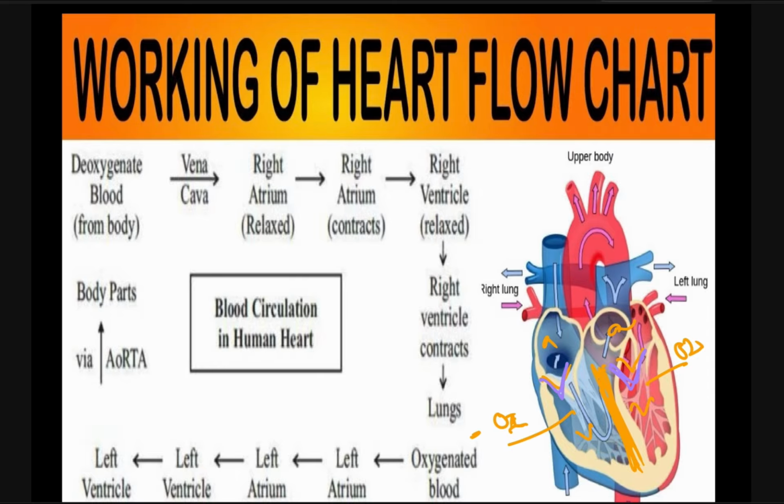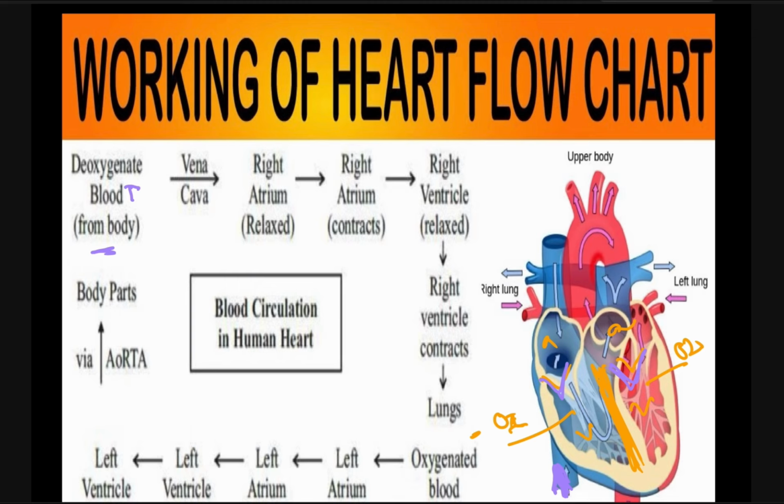So here you can see that from the body, the oxygen deficient blood is coming through the big vein, which is the vena cava, to the right atrium. When the heart relaxes, the blood is transported inside, whereas the contraction of the heart pumps the blood to all the body organs.